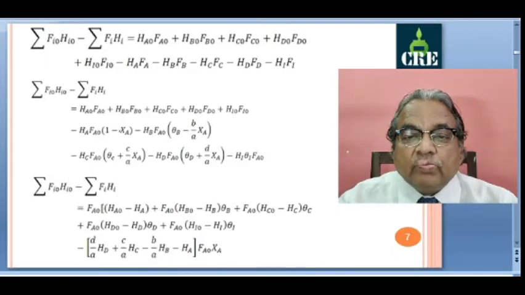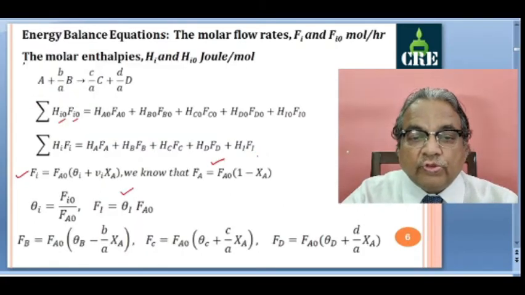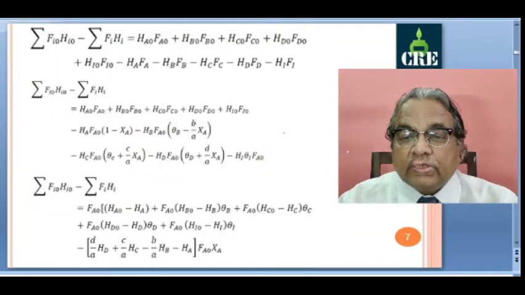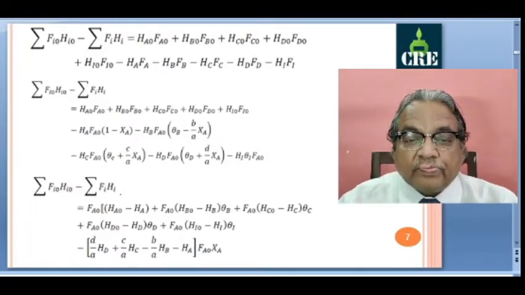Fa is Fa0 into 1 minus Xa. Fb is Fa0 into theta b minus b by a Xa. Fc, theta c plus c by a. Fd, theta d plus d by a, and minus Hi theta i Fa0. We know theta i into Fa0 is Fi. So Hi into Fi, this term. So this we have written.